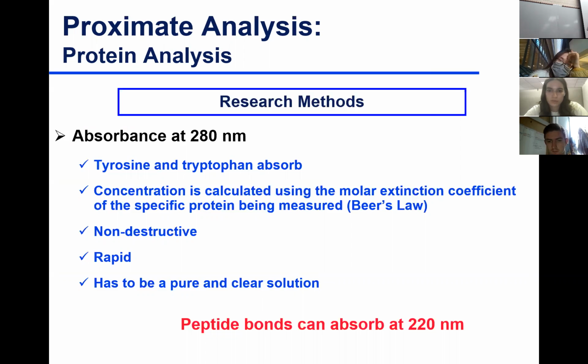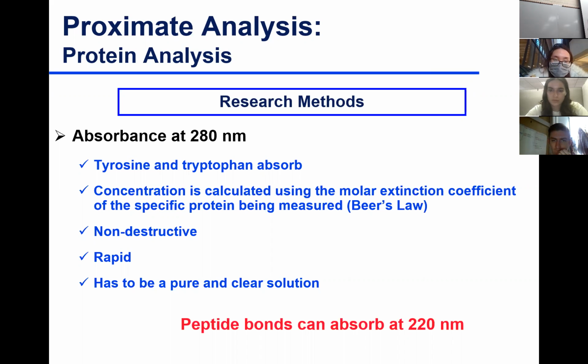So absorption at 280 is mostly defined by the aromatic amino acids. So there are three: tyrosine, tryptophan, and phenylalanine, but phenylalanine does not have as high absorptivity as tryptophan and tyrosine. So most of the absorbance at 280 comes from tyrosine and tryptophan absorption. So proteins in general have different concentrations of amino acids, but all proteins have to some extent tyrosine and tryptophan in them.